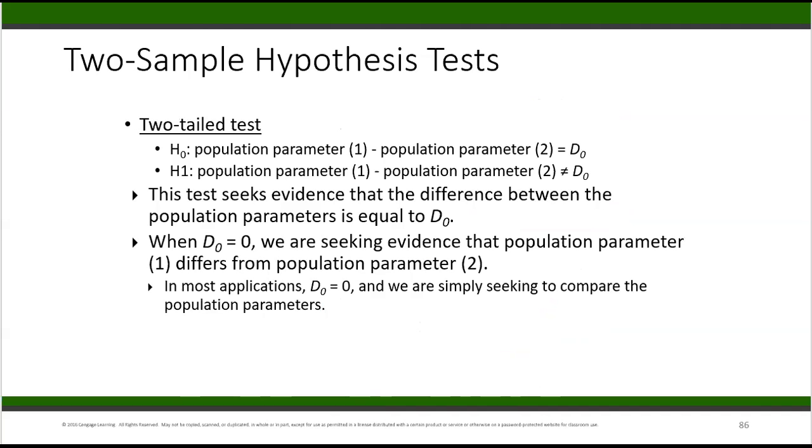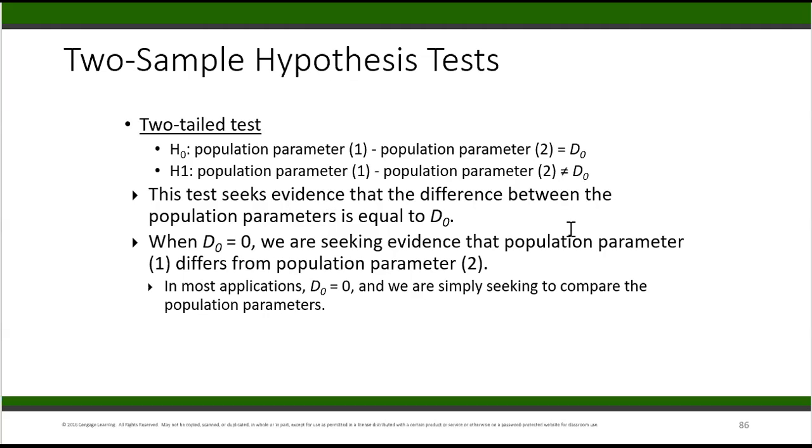The two-sample hypothesis test, similar to the one-sample hypothesis test that we have seen so far, can be a two-tailed test, lower tail test, or upper tail test, right? In the two-tail test, we want to see if the difference between population parameters is different from a certain number. The null hypothesis would be that the difference between them is exactly equal to a certain number.